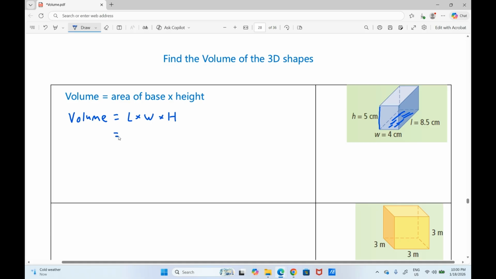In this case, length is 8.5. 8.5 times 4 is the area of my base, and then I times that by the height, which is 5. Upon doing so, I'm going to get 170 centimeters cubed. And that's how I find the volume of a rectangular prism.